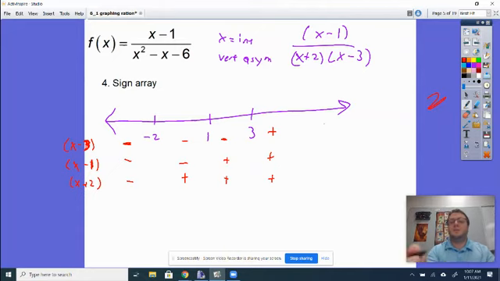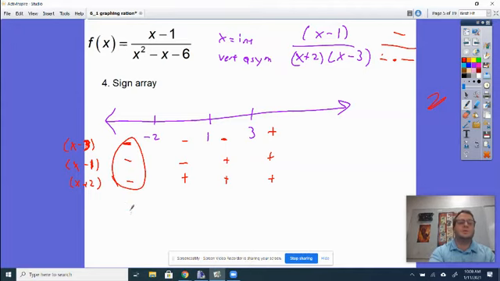What this means is, if I'm over here in less than negative 2 land, all my answers are negative. A negative times a negative is a positive, divided by another negative is negative, so this produces a negative result.